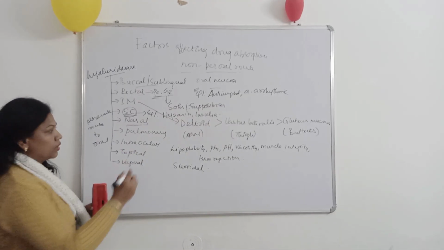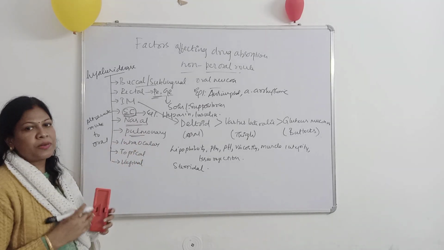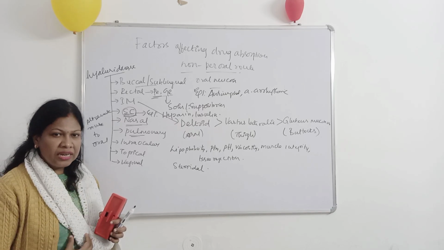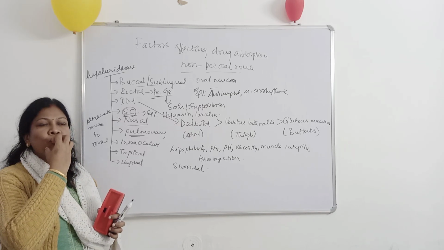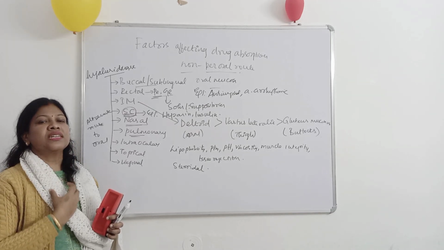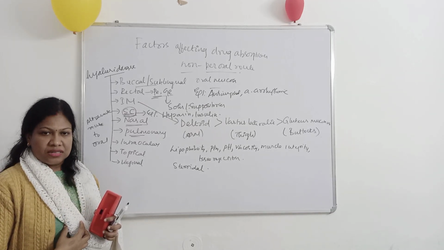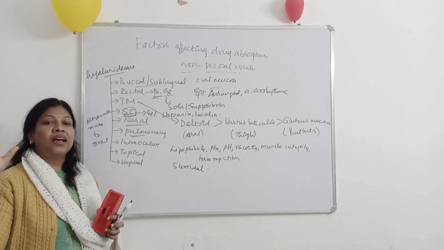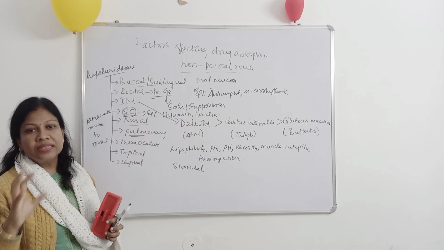Now the next route of drug absorption is the pulmonary route, that is the respiratory tract, generally the lungs. So we have to use inhalation for administration by the pulmonary route. Through inhalation, we just send our drugs to the respiratory tract. Up to the alveoli we can target the drug.